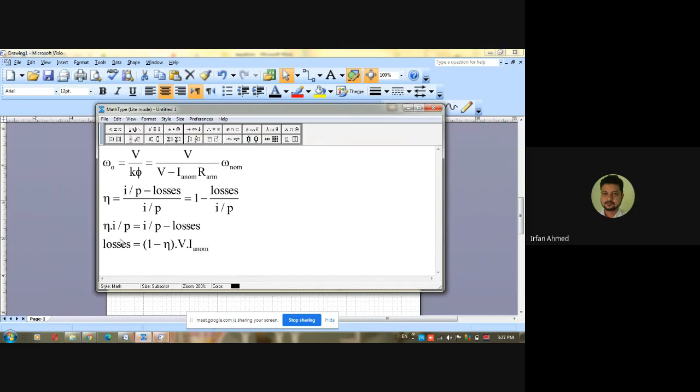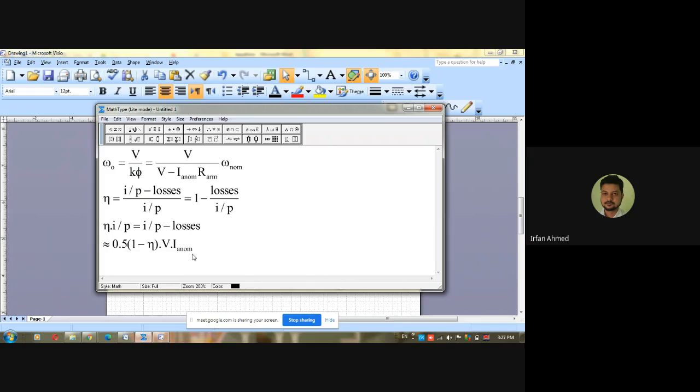Now we said that we can assume that 50% of the total losses, that means we multiply this by 0.5, correct? Now this becomes 50% of the total losses under rated armature current, and this is approximately equal to what? The armature copper loss.